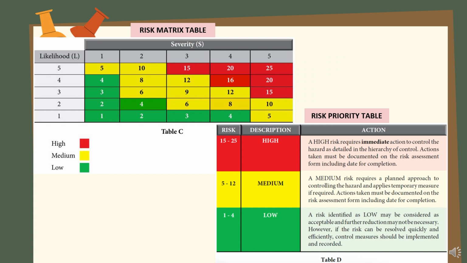Table C shows the level of risk and Table D indicates the action required for each level of risk. This risk analysis uses likelihood and severity in a quantitative method. Presenting the result in a risk matrix is a very effective way of communicating the distribution of risk throughout a plant.